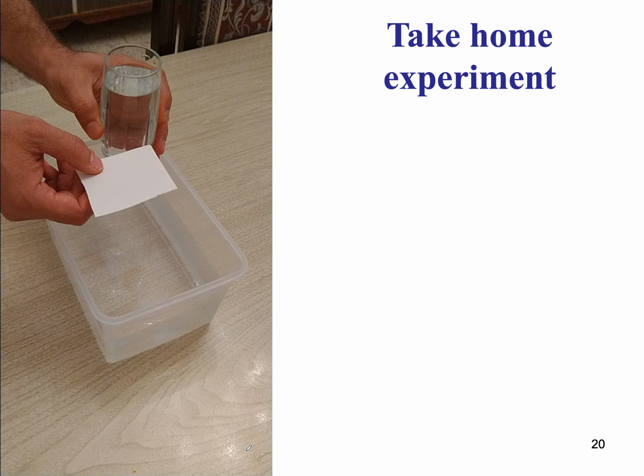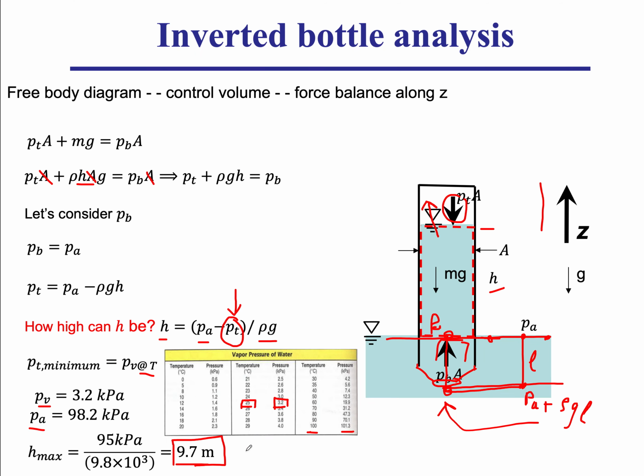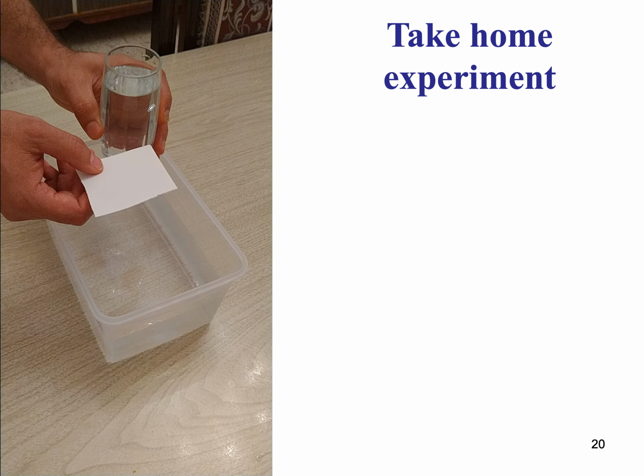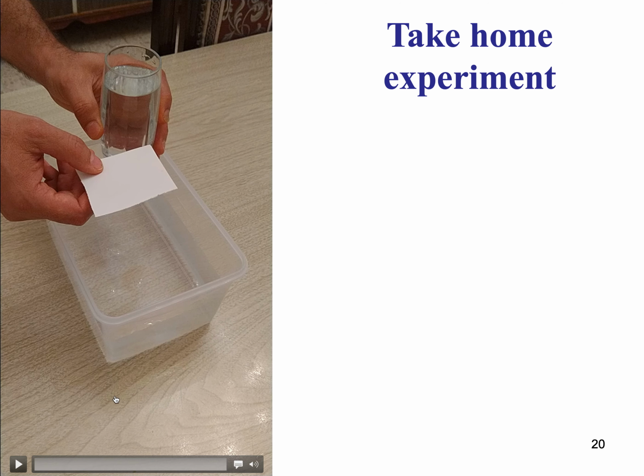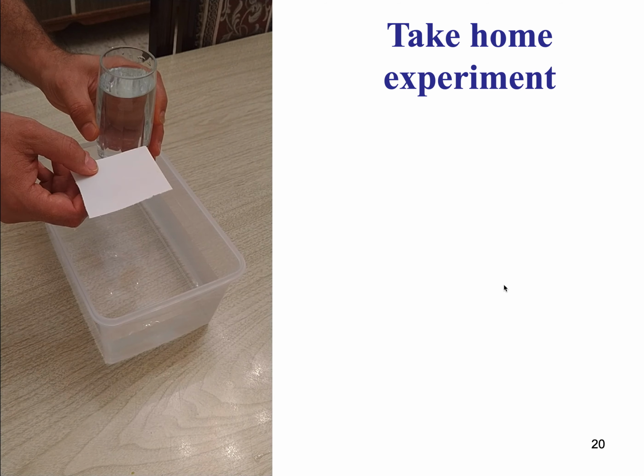So I've discussed this with you, but very briefly I wanted you to do a take-home experiment. That's another demonstration, the exact same story, the exact same analysis as what we have just done. Take a glass of water, a piece of paper, and now put the piece of paper on top of the glass of water and flip it.